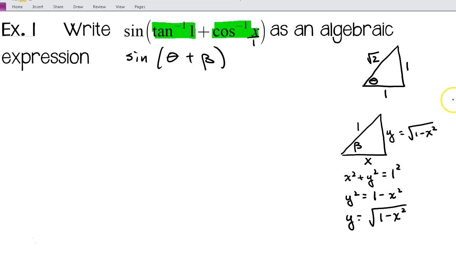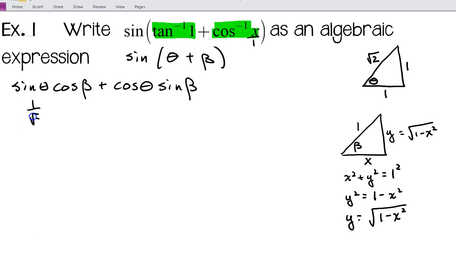Now that I have these two triangles, I can find sine, cosine, and tangent based on the lengths. Sine of theta plus beta is sine theta cosine beta plus cosine theta sine beta. Sine of theta is opposite over hypotenuse, so that's 1 over root 2.